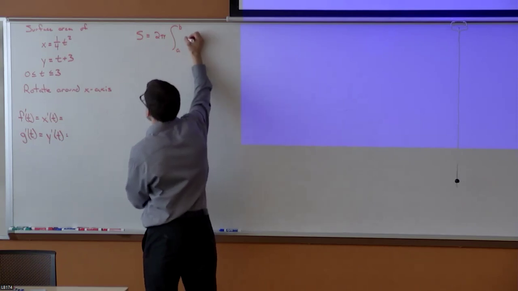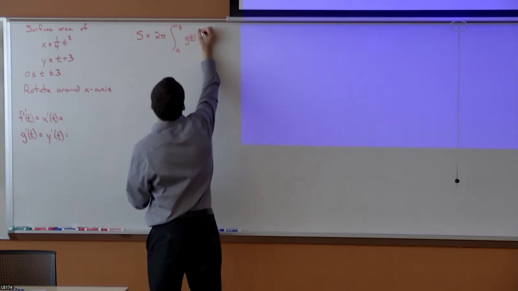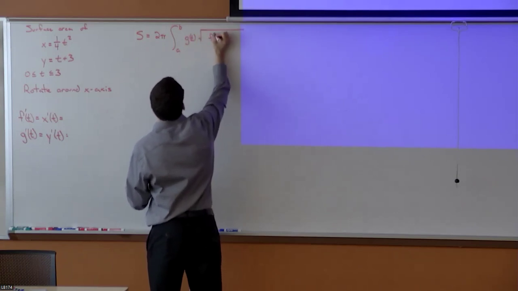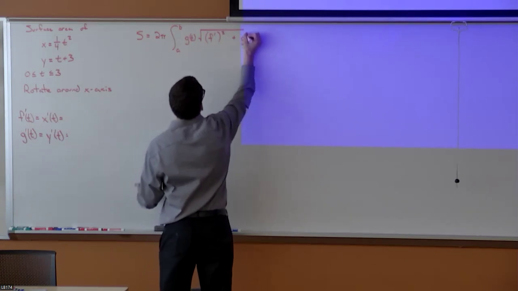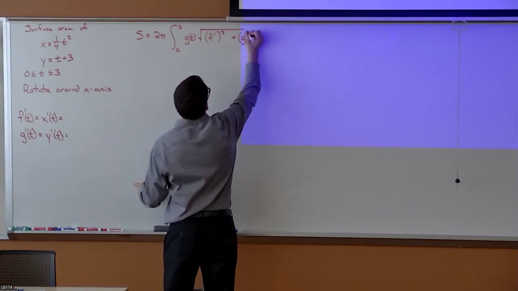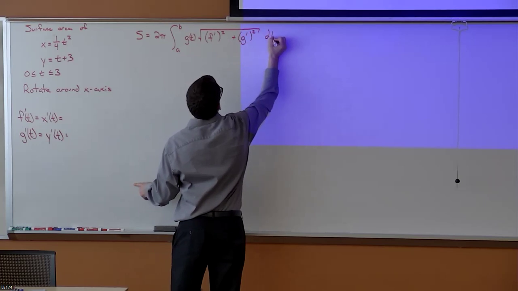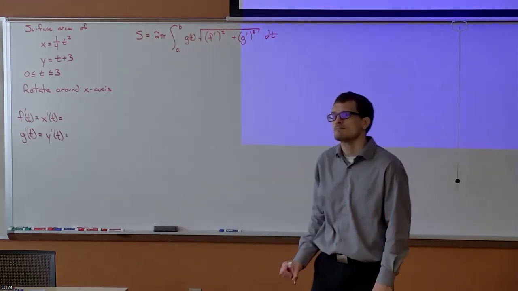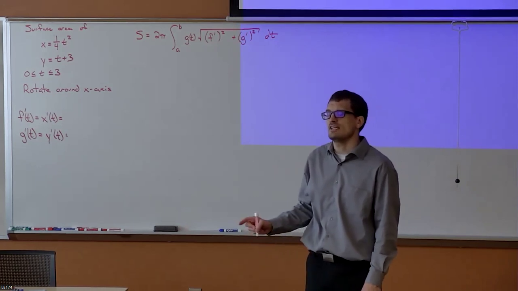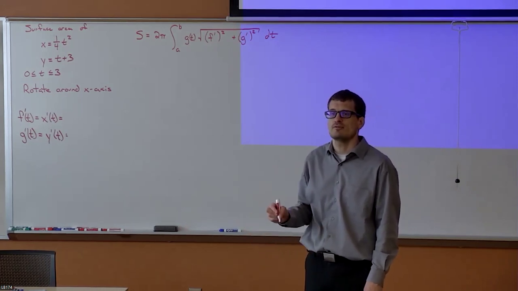So I'm going to use the y value, or g of t, times the square root of f prime squared plus g prime squared with respect to t. Again, I'm using the g of t out in front because we're rotating around the x-axis.